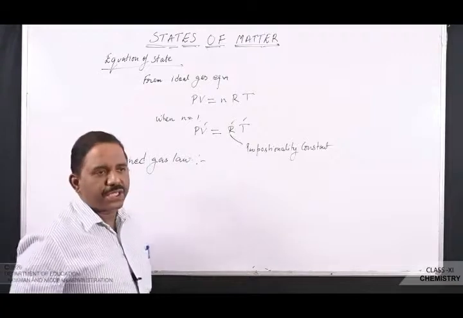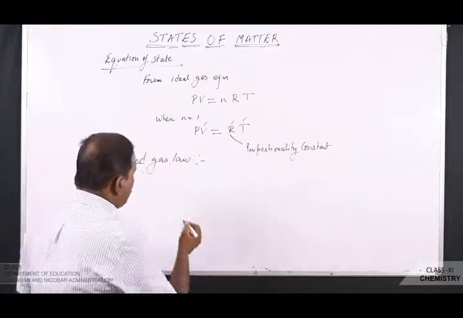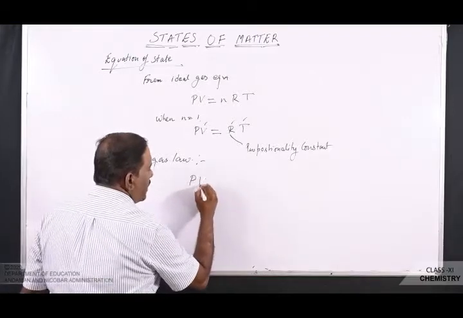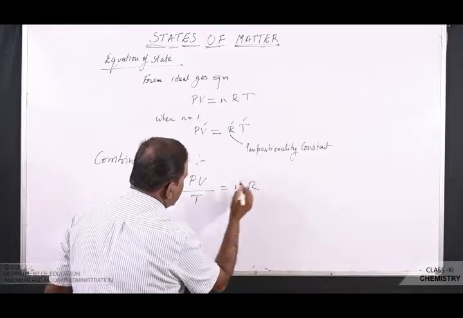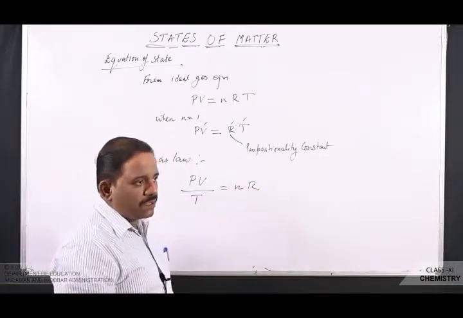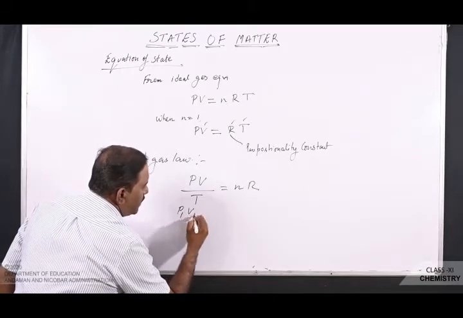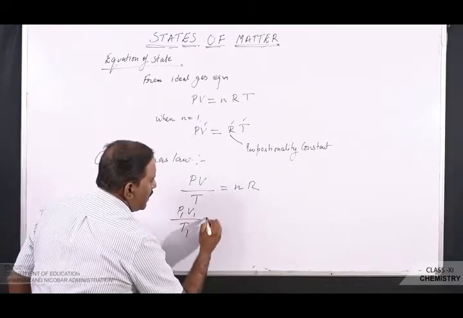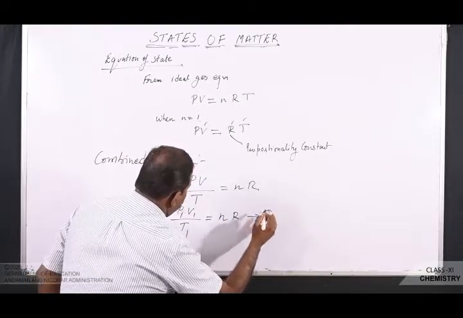by taking the relationship between Boyle's law and Charles' law, we get PV by T is equal to nR. I can write it this way. For the initial state, I can write P1 V1 by T1 is equal to nR. So this will be equation 1.